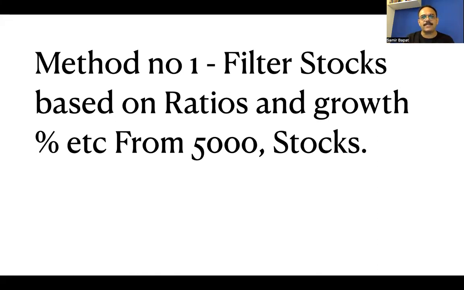There are a lot of websites with ratios: P/E ratio, PB ratio, growth ratio, high dividend, and all those ratios, and you can code the filtration criteria in those websites, find some stocks, and then further analyze them for investment. That is method number one, which the majority of people use.